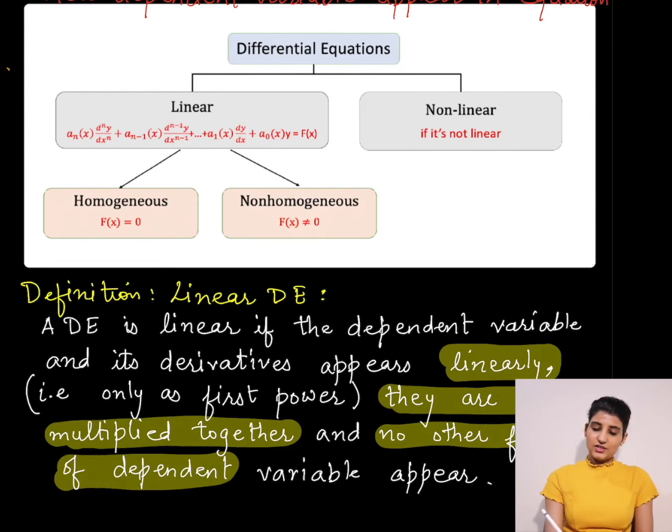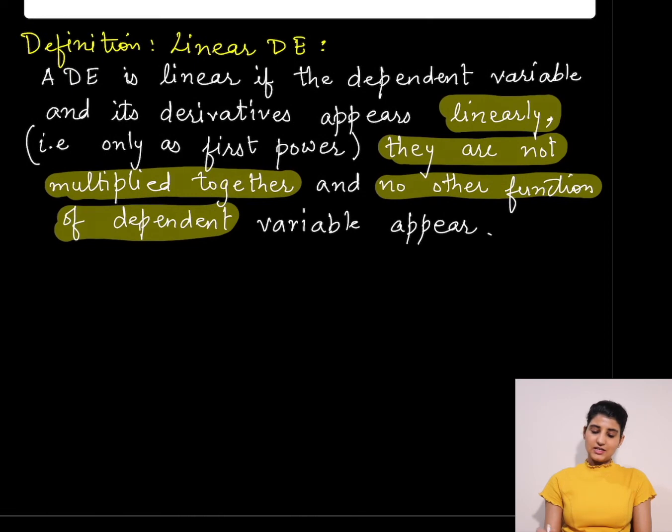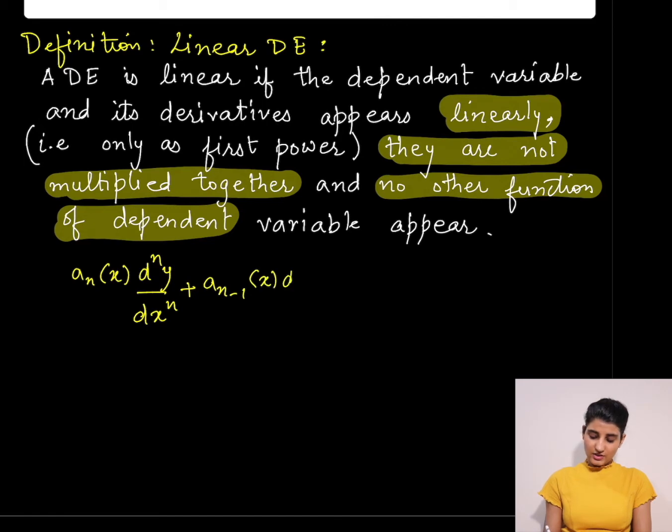The general form of a linear equation, I already wrote it over here. So if you have a linear equation, it can always be written in the form a_n(x) d^ny/dx^n, the nth derivative, plus the (n-1)th derivative term, like this.